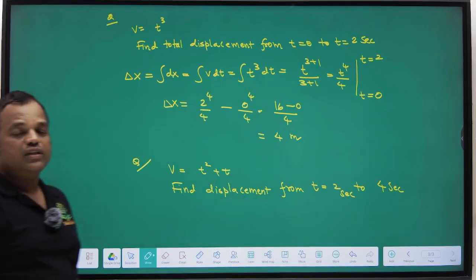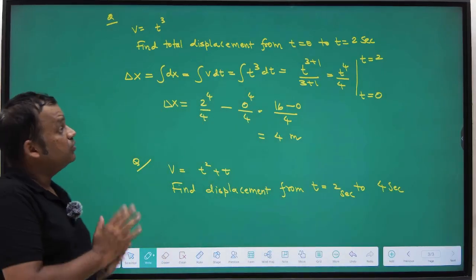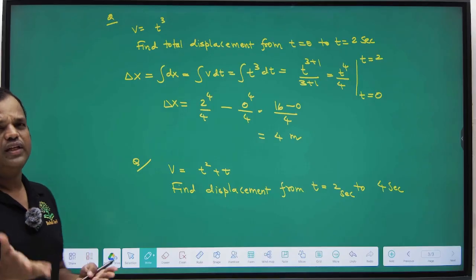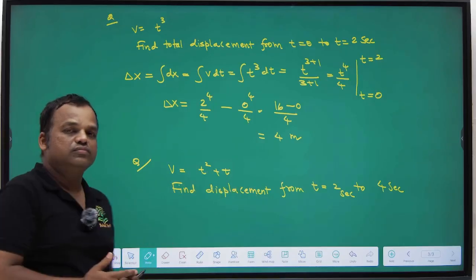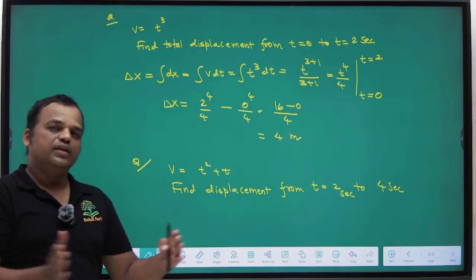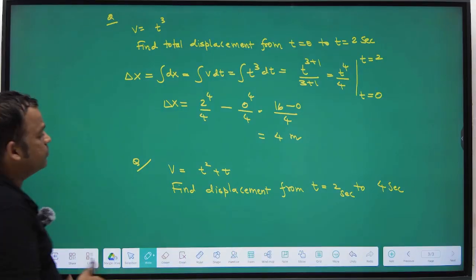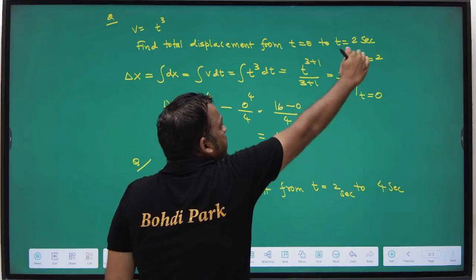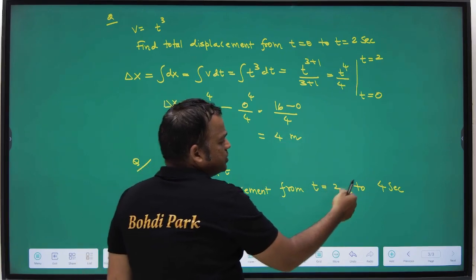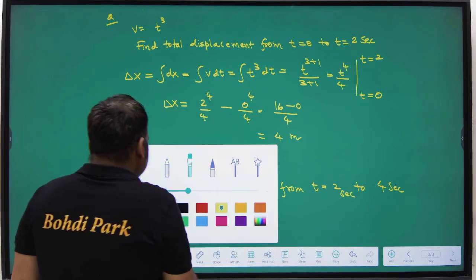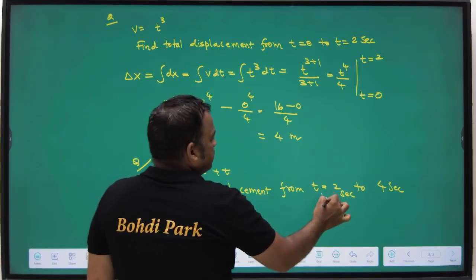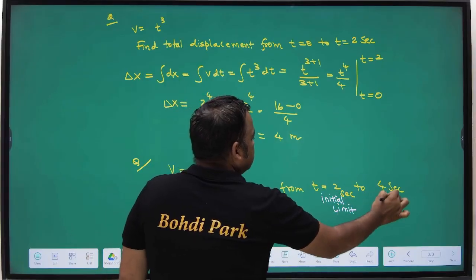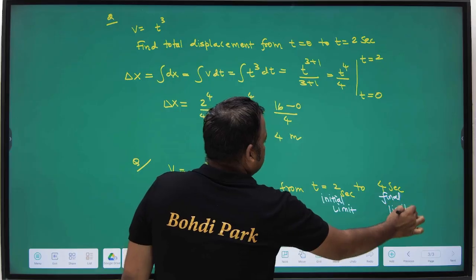So time duration can be from 0 to 2, 0 to 1, 1 to 2, 2 to 3, 2 to 4. Initial and final value can be any value of time. We just have to take care of the limits here. Suppose t is equal to 2 second to 4 second they are asking. So that means the initial limit is 2 second, and final limit is 4 second.